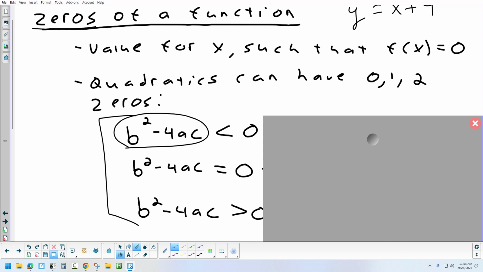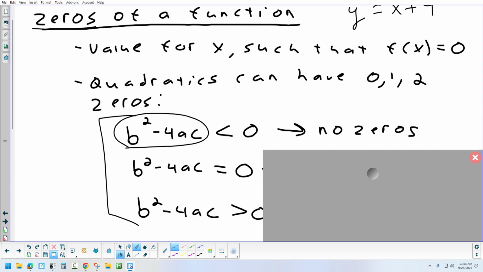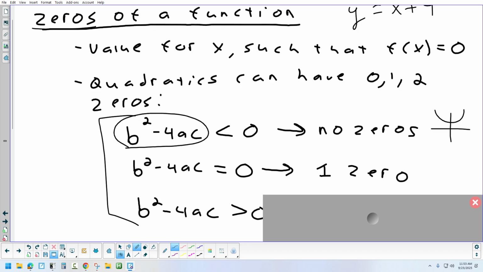So if the part under the square root comes out less than 0, you will have a graph that never crosses the x-axis. It'll look just like this. Or it could be flipped over and moved down. If the part under the square root came out to exactly 0, you would cross the x-axis 1 time.